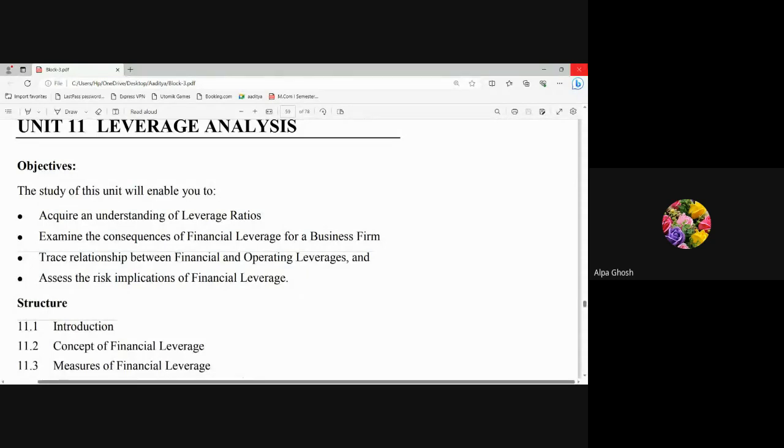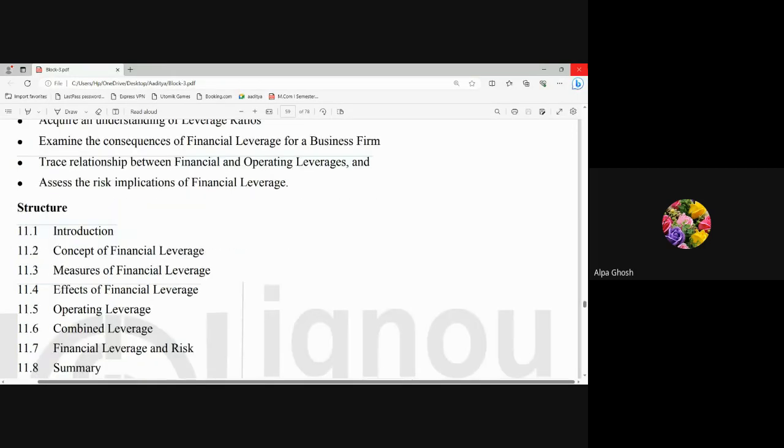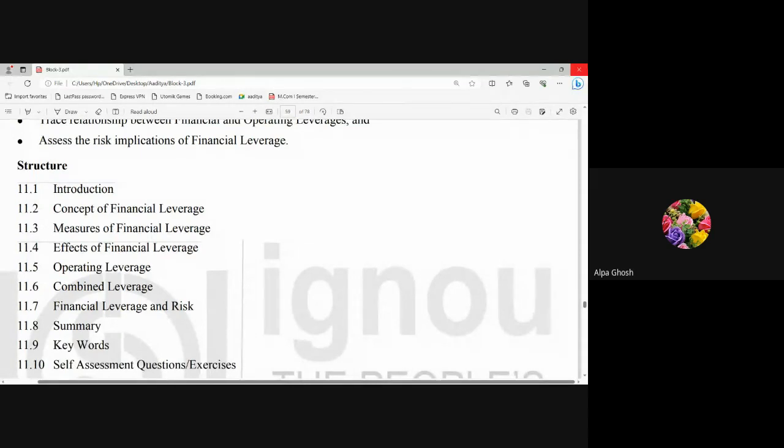We need to find out financial leverage for a business firm, and the types of leverage: financial leverage and operating leverage, and the risk implications of financial leverage. Financial leverage means use of more and more debt. It is a very short unit.